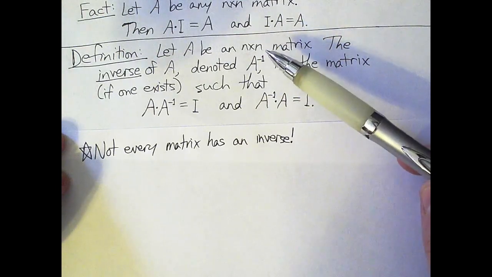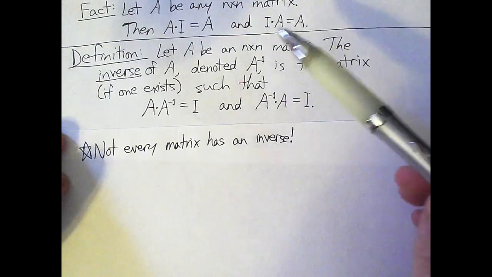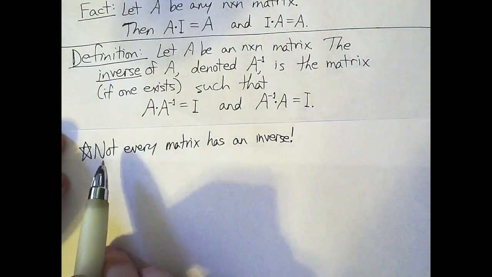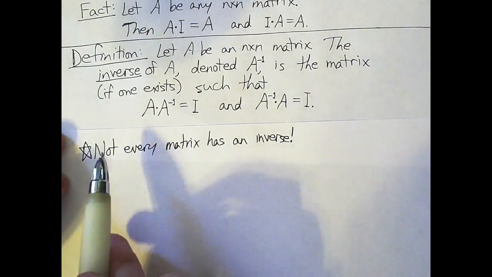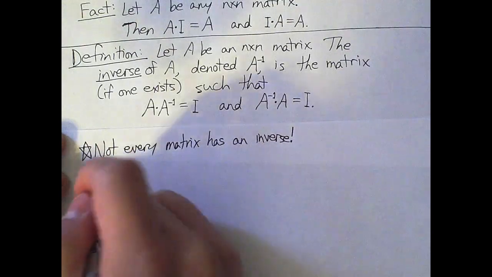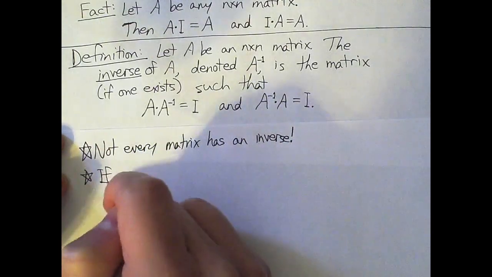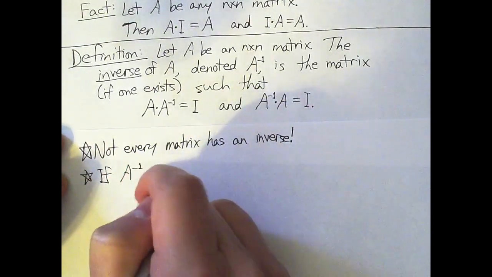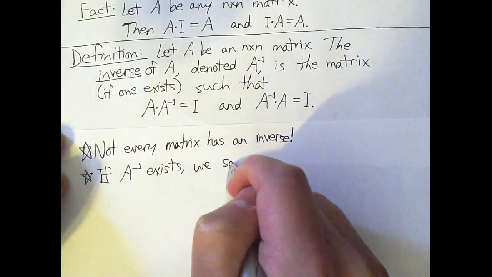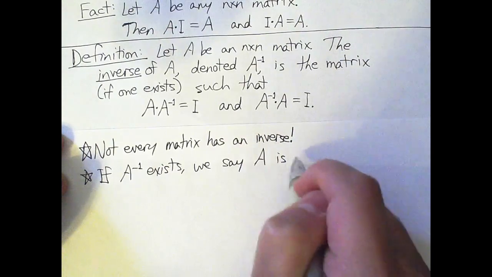It started by saying that we have an n by n matrix, so the number of rows and columns is the same. But even still, if you have a square matrix, not every matrix has an inverse. If A inverse exists, we say A is invertible.